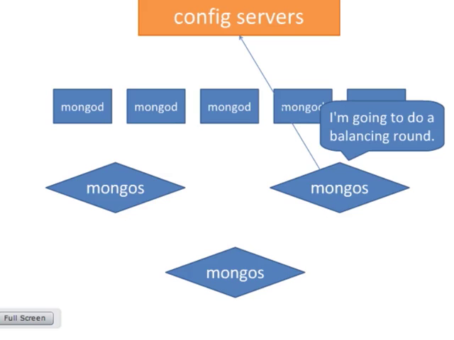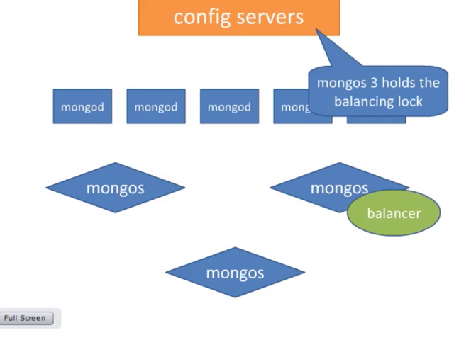And then, finally, the balancer. The balancer is like, all of the MongoS's every couple minutes are like, hey, I want to do a balancing round. And so the config server, in its lock server capacity, issues a balancer lock to whoever gets there first.